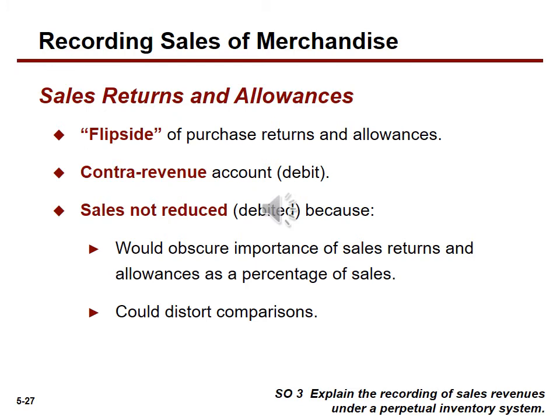If you remember, the accumulated depreciation, which we said is an asset contra account, has a normal balance opposite to that of the normal assets. This is a similar situation, but this is for a contra revenue account.